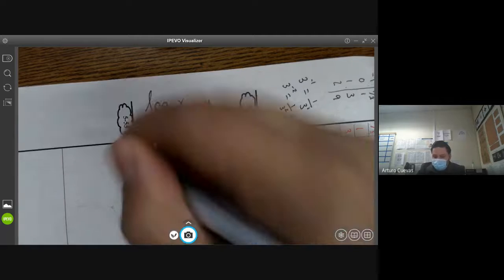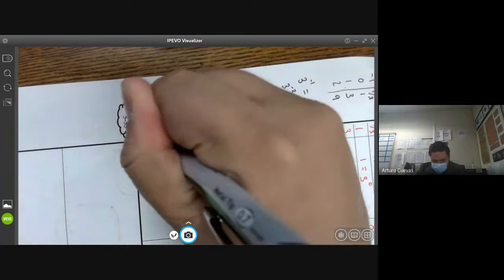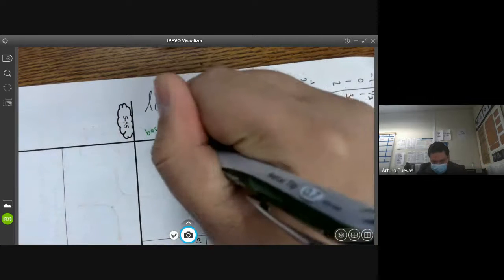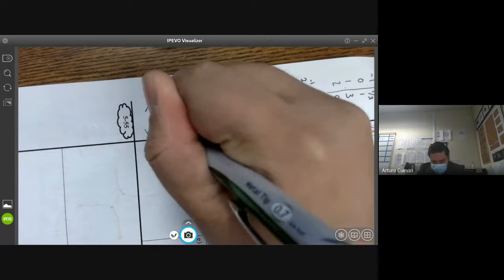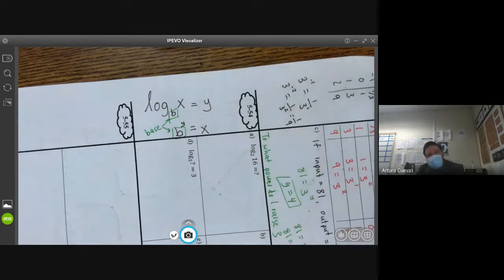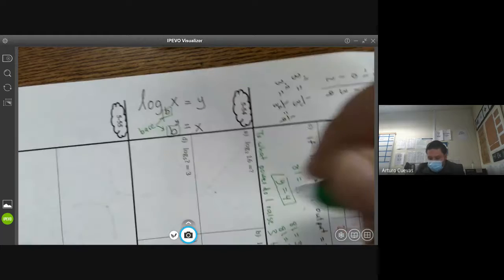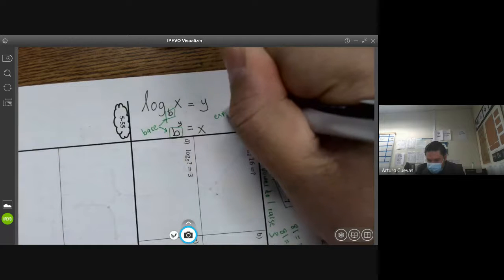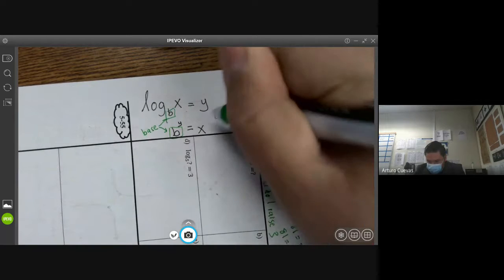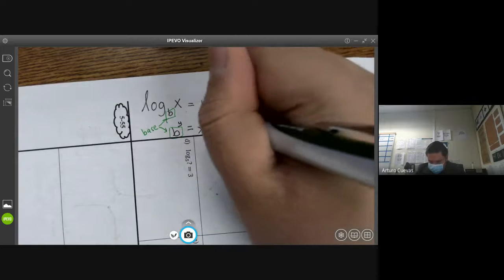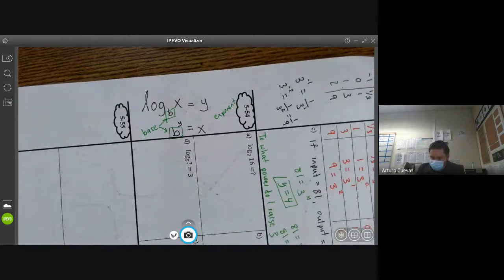They both have a base b. They both have a base, right? They also both have an exponent. I'm going to do this in a different color.